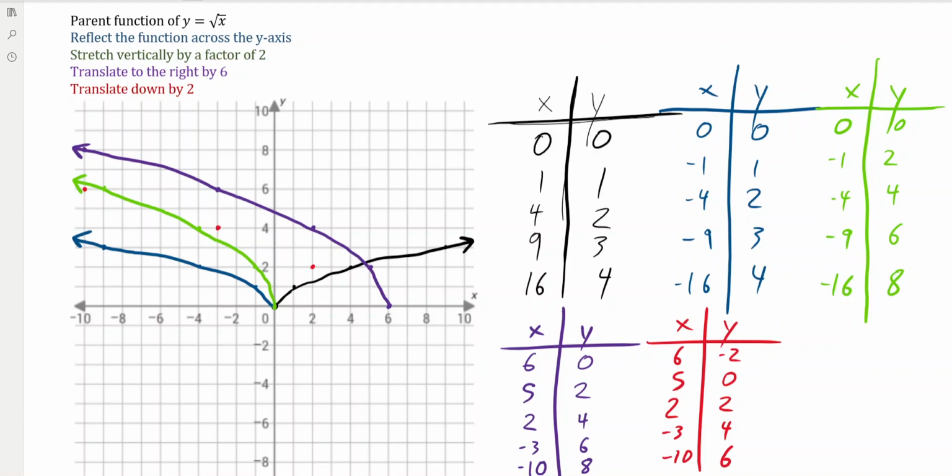You could do this however you want. You could have looked at the points on here and gone to the right by 6. It doesn't matter. You can pick however you want, but I just went down by 2. Or you can look at your points based off of what you've written. So it's going to look like this, roughly.